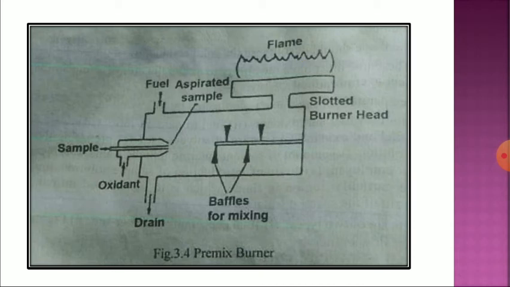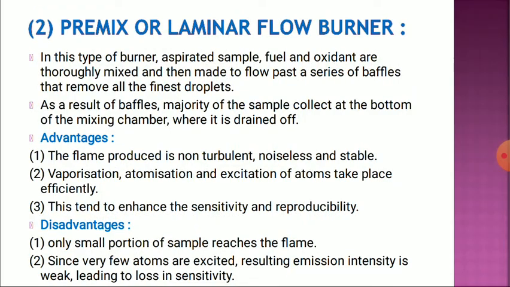Now we will see its advantages and disadvantages. Advantages of this premix or laminar flow burner. First one, the flame produced is non-turbulent, noiseless, and stable. See, in the previous burner the flame was noisy and turbulent, but this burner does not create noise and is non-turbulent, and it will be stable.